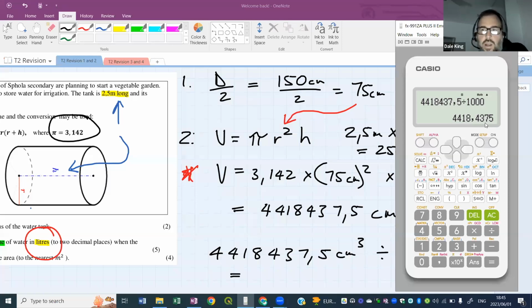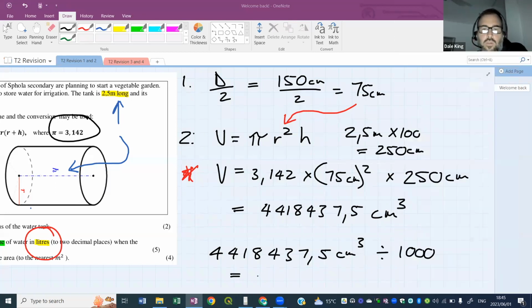So we're going to have to round it off. I'm looking at the 3, which is the second decimal. Will it change? Yes, it will. The 7 behind the 3 will make the 3 a 4. I'm going to write the whole thing out first: 4418.4375 liters.